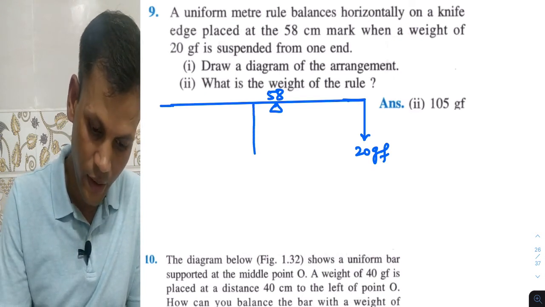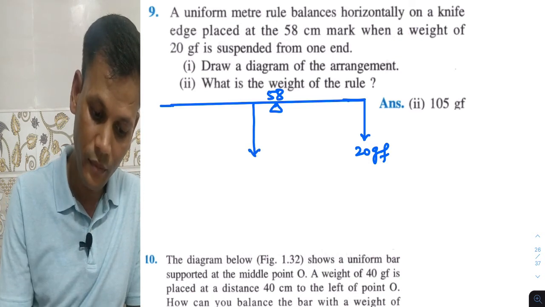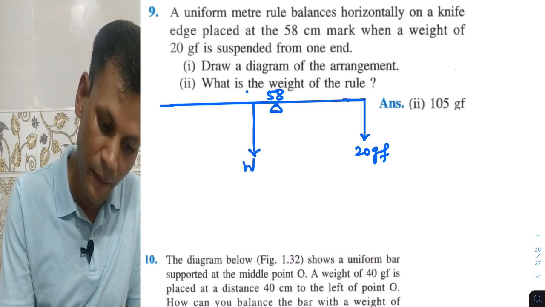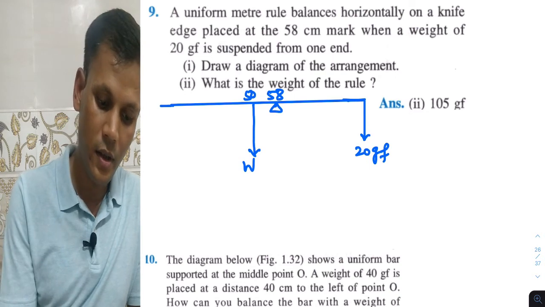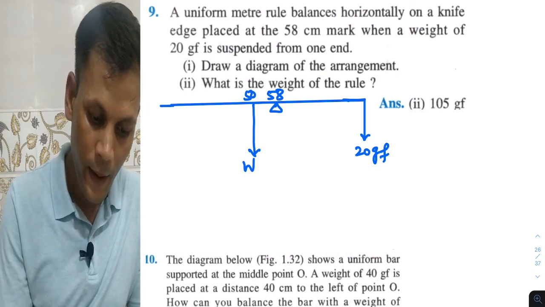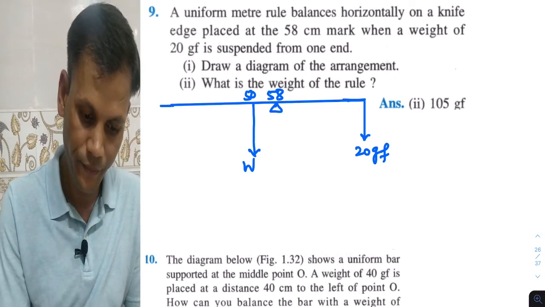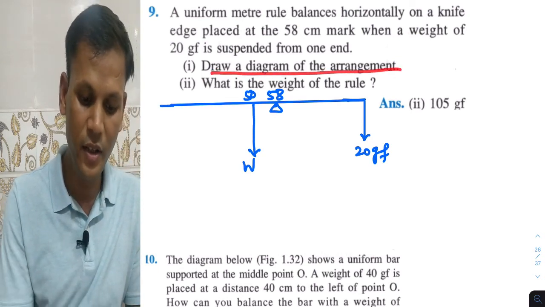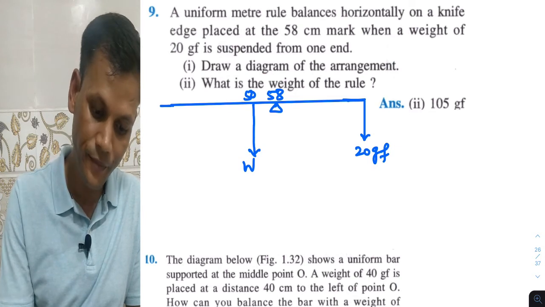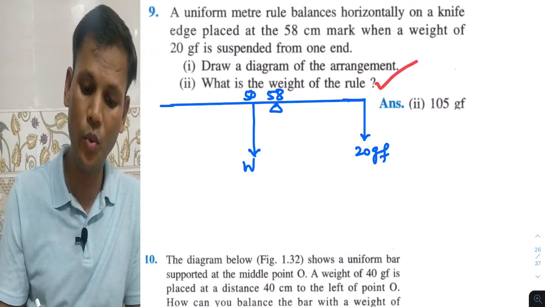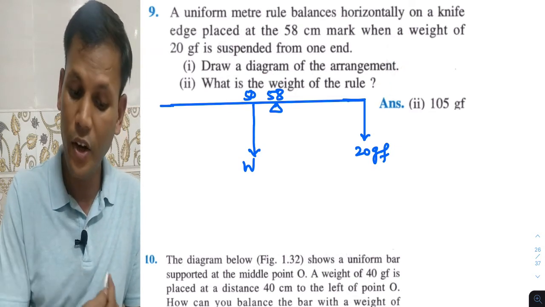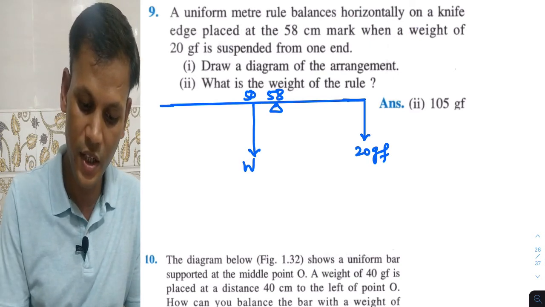So weight will be downward. It will be at 50 centimeter mark. Right? So what we have to find out? Draw the diagram of the arrangement. This is the diagram of the arrangement. What is the weight of the rule? Weight is to be found out.